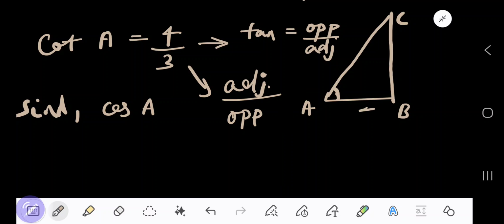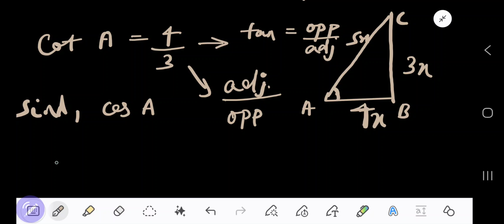So this is 4, and this is 3. Or let's call them 4x and 3x. We can't directly assign. Using Pythagoras theorem, we can figure out that this is 5x because they're a triplet.